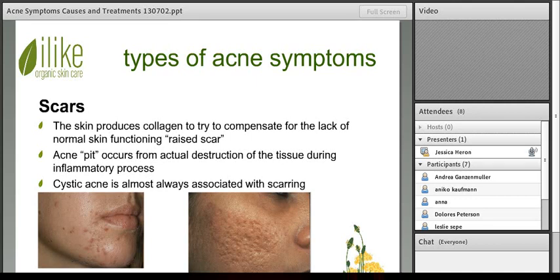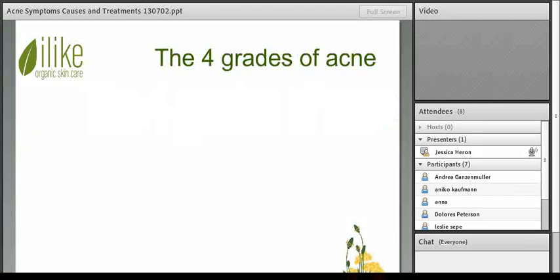It can last for years or a lifetime if it's untreated. There are treatments today that will help improve the appearance of the pit scarring. And those are going to be some very invasive treatments that are going to have downtime and a lot of maintenance in between as well.